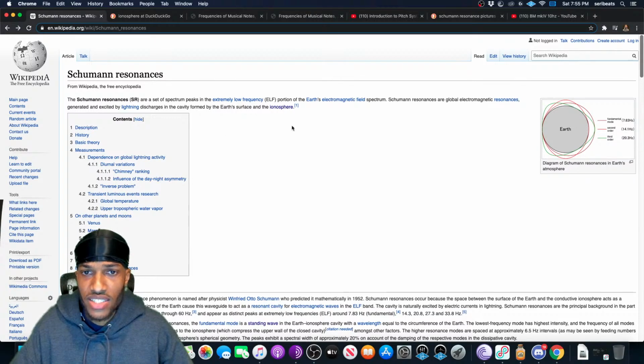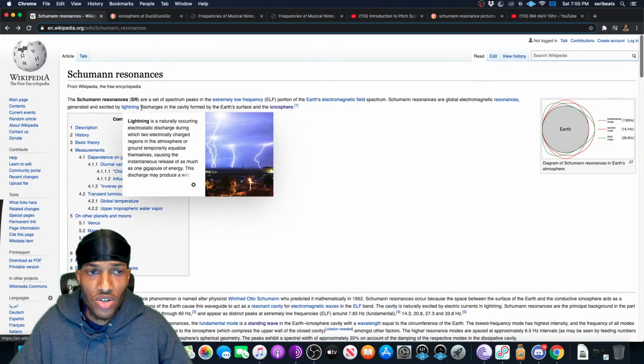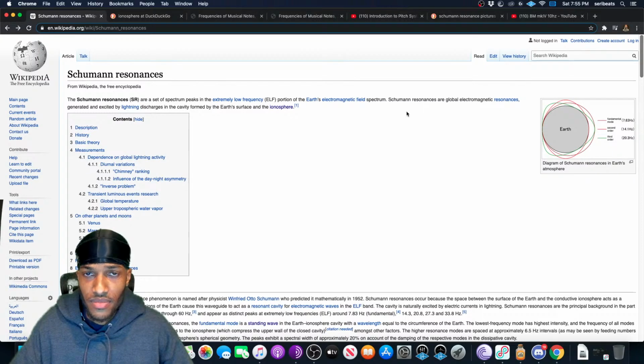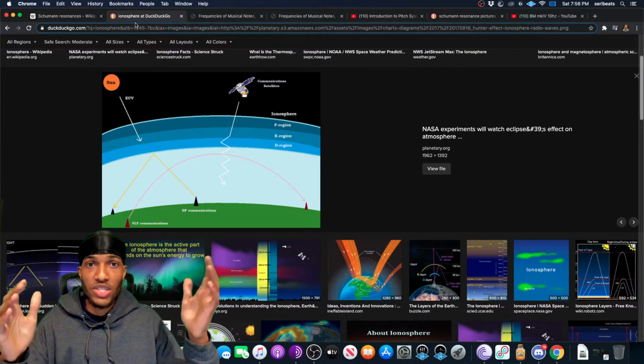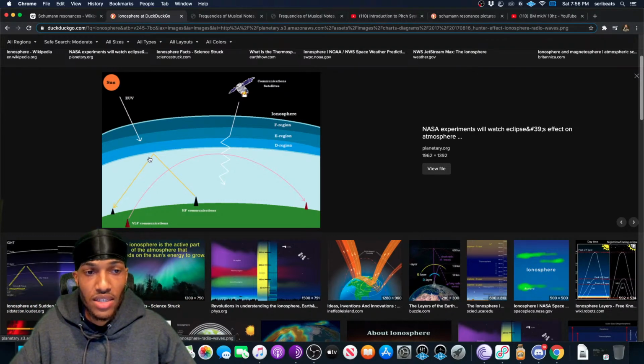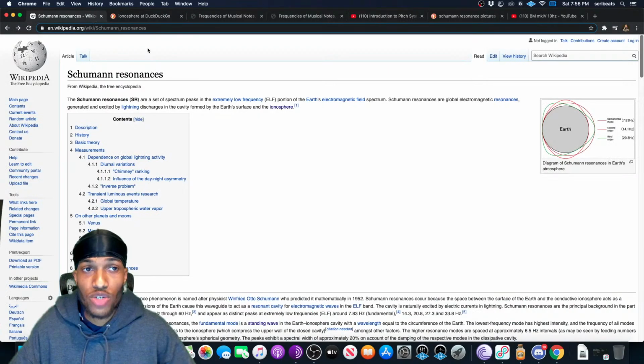And what that is basically whenever lightning hits Earth, it creates a sound, a vibration, and it also creates a disturbance in space and in our atmosphere. And basically that wave that it creates gets stuck within our atmosphere and vibrates. So it just bounces inside our atmosphere. And the distance between Earth and the atmosphere is why we have a frequency of 7.8 times per second.